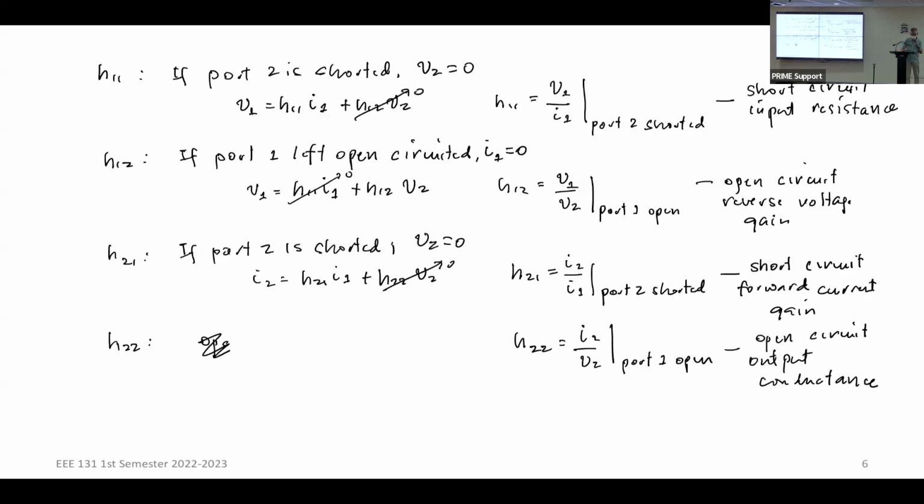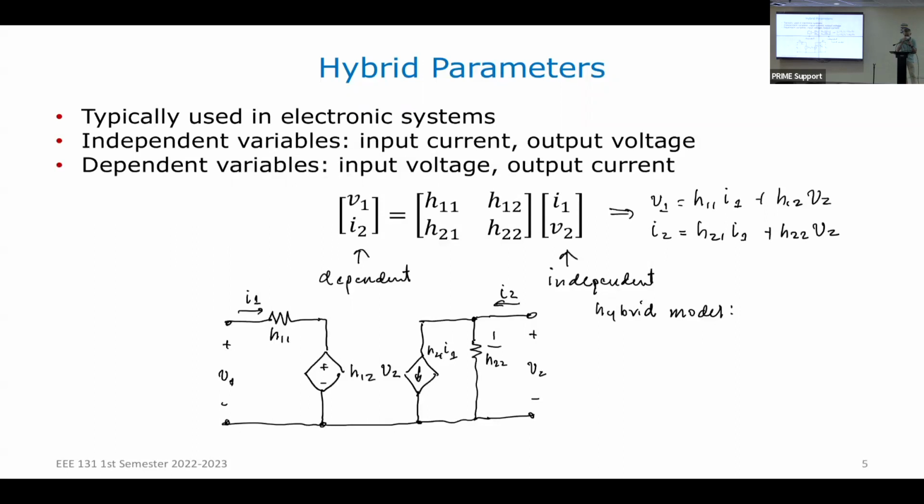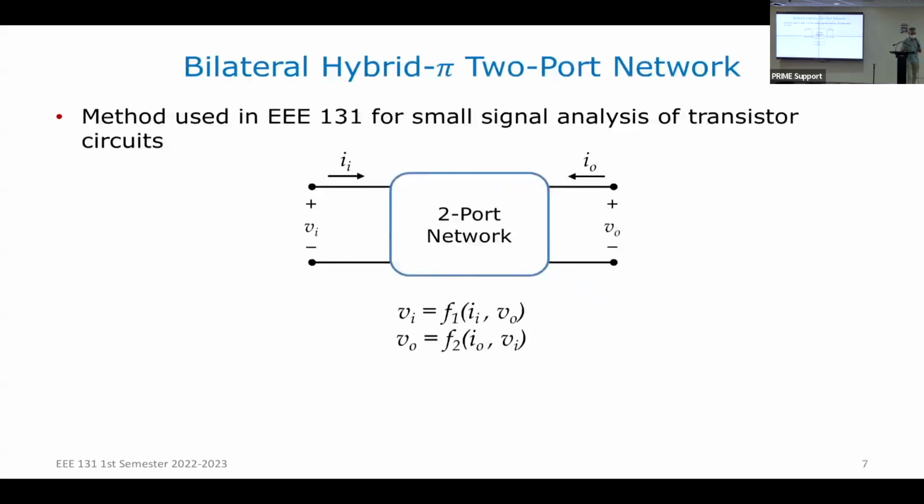Okay. So those are your H parameters, hybrid parameters. And usually ginagamit natin to sa electronics. So E131, we're going to tweak this a bit.